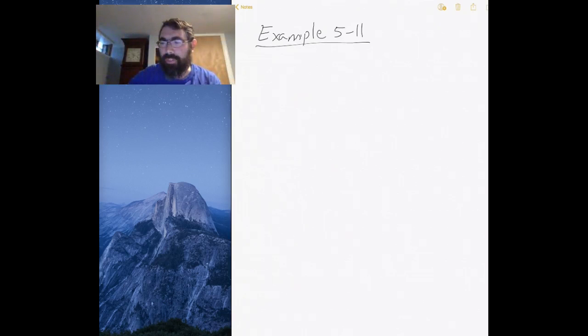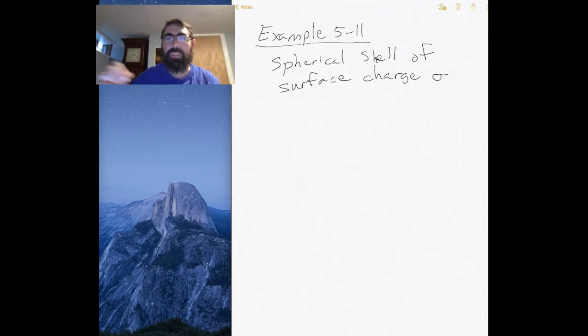And what you have is a spherical shell of a surface charge sigma.